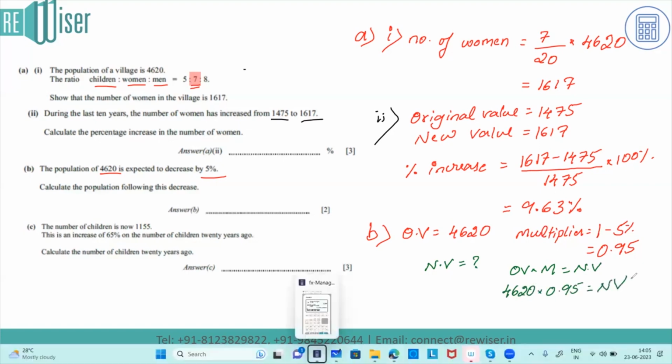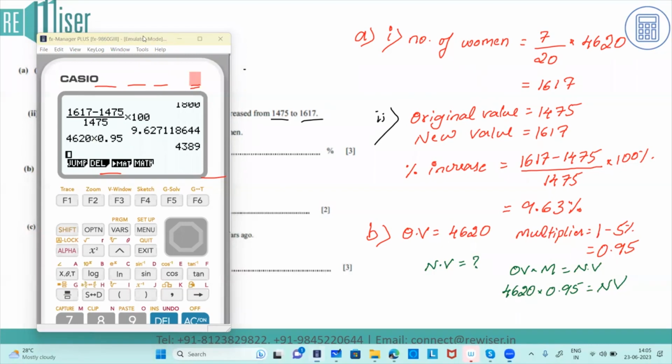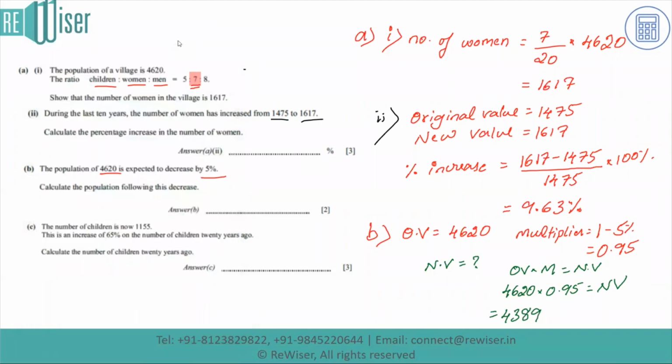If I do it in the calculator, I'll be getting 4620 times 0.95, and that's going to give us 4389. So after the decrease, the new population would be 4389. And that's the right answer for part B.